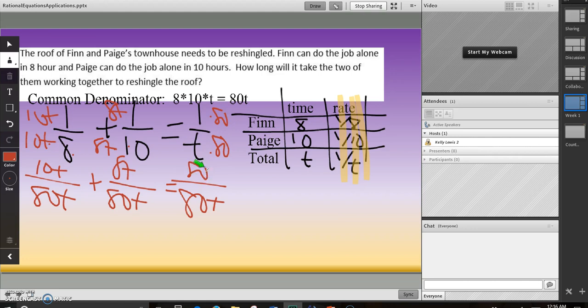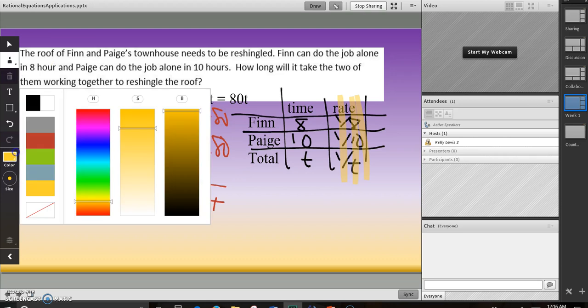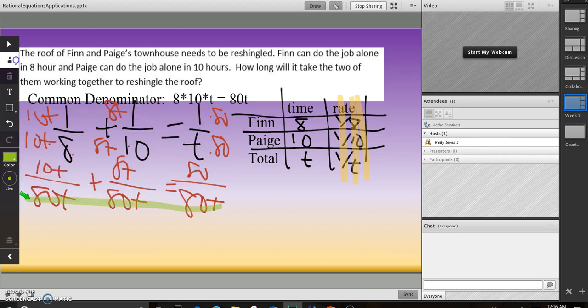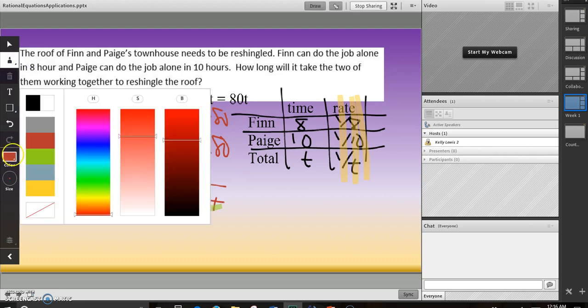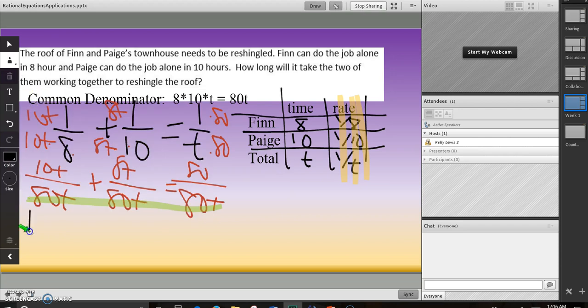Remember, when the denominators are all the same, they go away. So I have 10t plus 8t equals 80, which is really 18t equals 80.